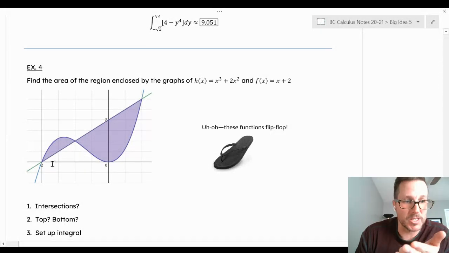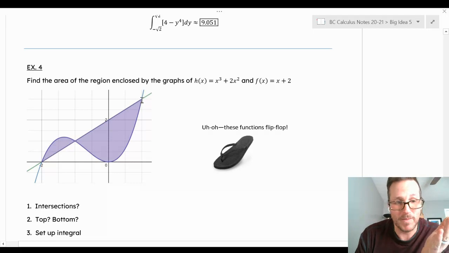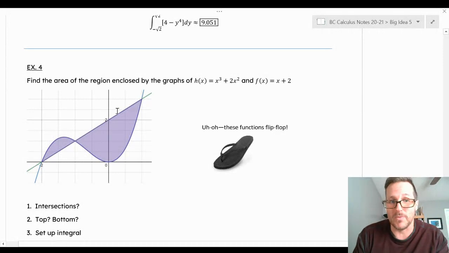So the intersections, -2, -1, and +1, well, on different intervals, on the interval from -2 to -1, the cubic is on top and the linear is on bottom. But then from -1 to +1, the linear is on top and the cubic is on bottom.